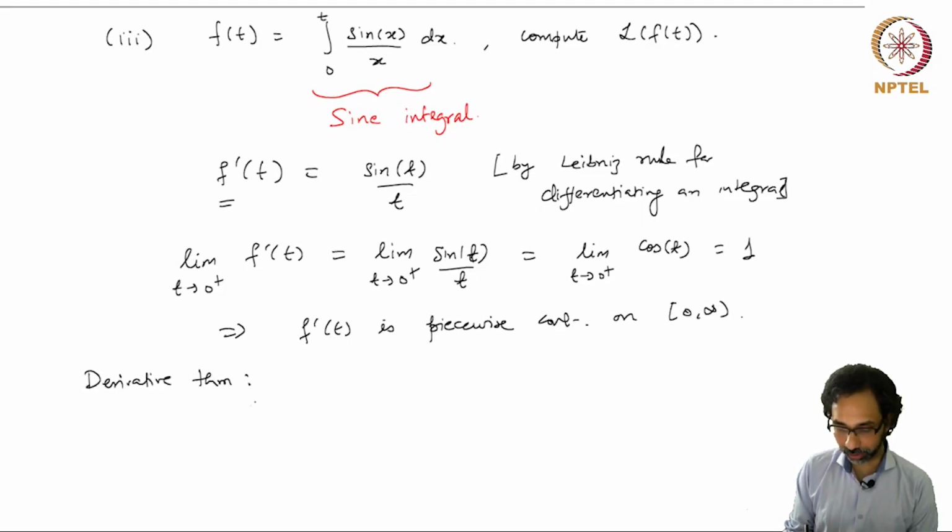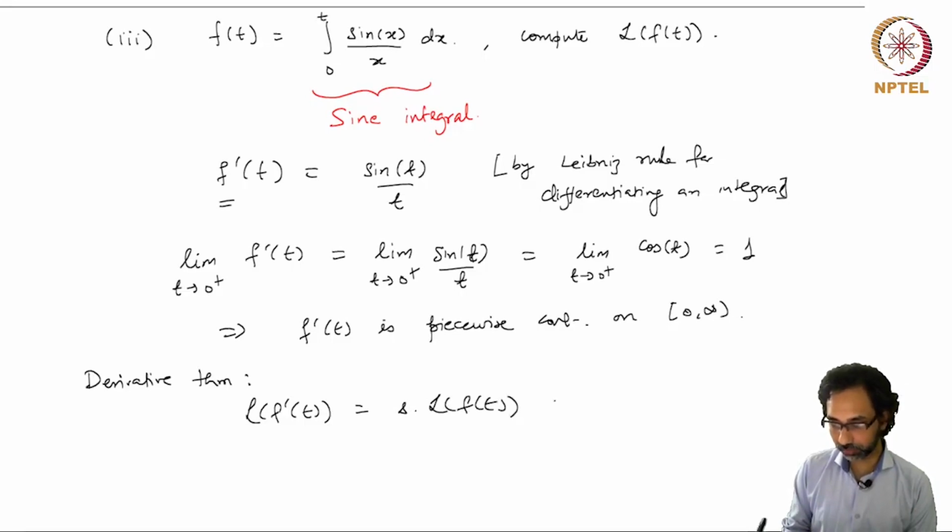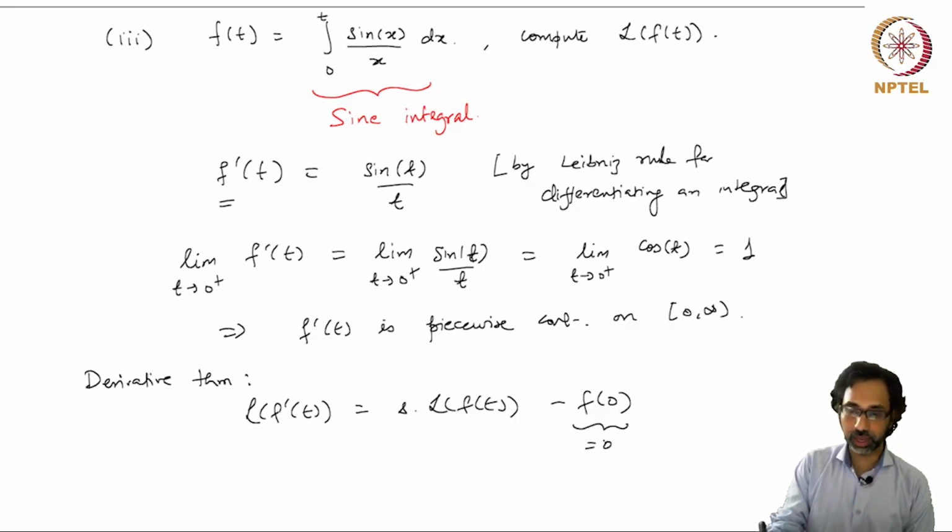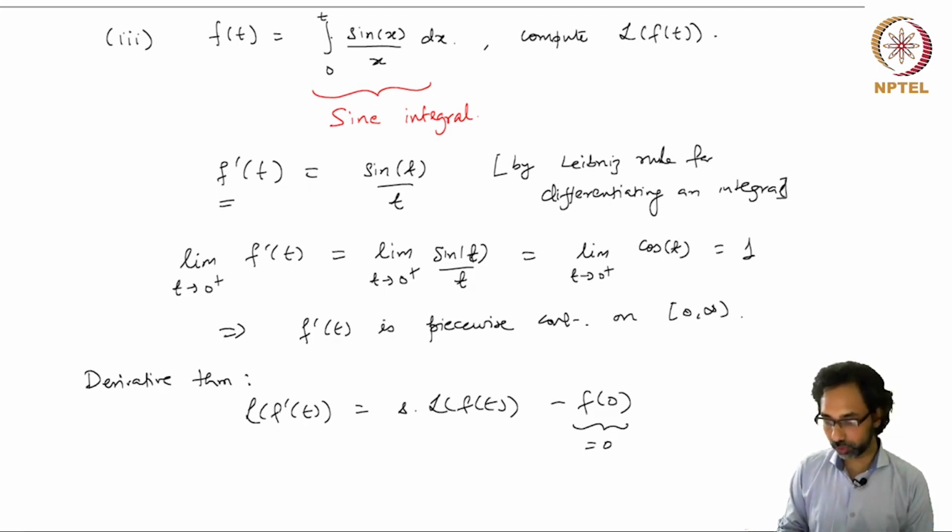So this says that the Laplace transform of f prime of t is equal to s times the Laplace transform of f of t minus f of 0, but here again f of 0 is 0 because when you take the limit as t goes to 0, the integral goes to 0 as well. So the integral is in fact a continuous function of t, so this is simply 0.